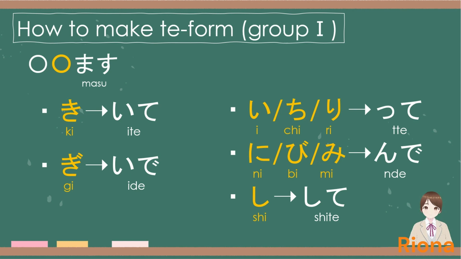If the character before mas is ni, bi, or mi, change ni, bi, mi to nde and remove mas, please. If the character before mas is shi, change shi to shite and remove mas, please.